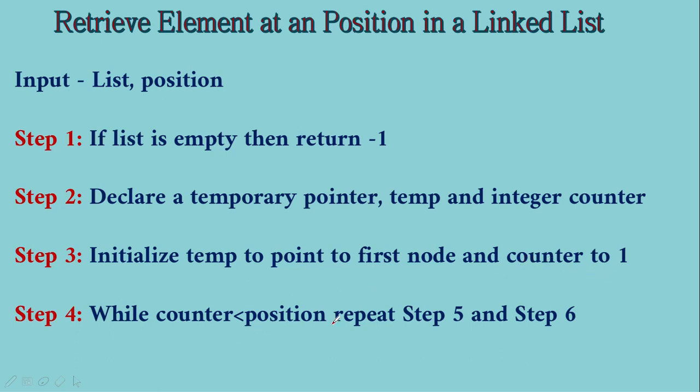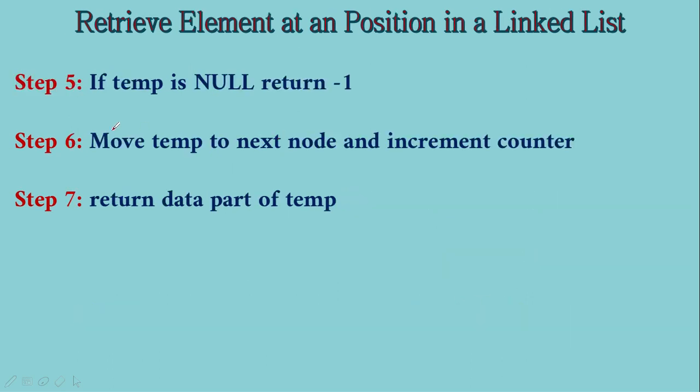And then while counter is less than position, you have to repeat steps 5 and 6. What does step 5 say? If temp is null, then you will return -1. Otherwise, you will move temp to the next node and increment the counter, and you will return the data part of temp, right? It's better to check if temp is not equal to null here also, because if the position is 1 more than the number of nodes, we may get a segmentation fault. That we will check in the implementation and discuss further.